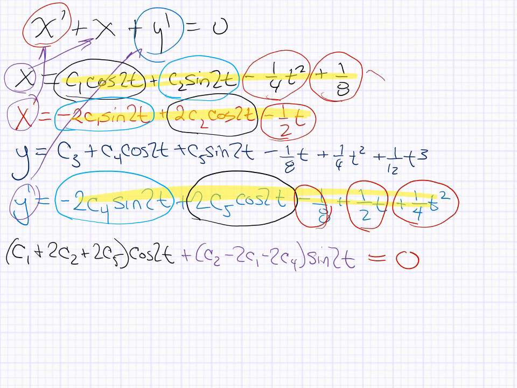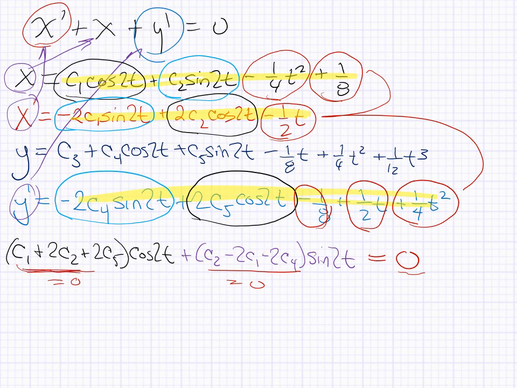So we added this, plus this, and this is where we are. Because it's equal to 0, this is going to have to equal 0, and this is going to have to equal 0. So if this whole thing equals 0, we could solve for C5 in terms of C1 and C2.